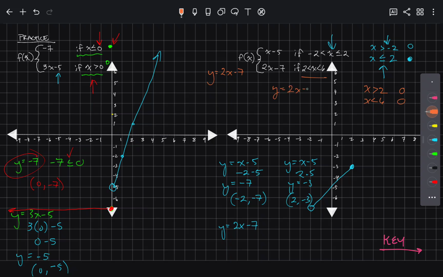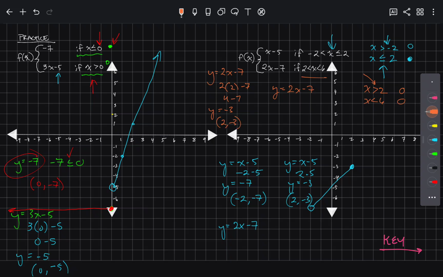y equals 2x minus 7. So we know that for this top one, we're starting with an x value of 2. It's going to be an open circle, but we're starting at 2. And all the values greater than that are going to be valid. So we're going to go 2 times 2 minus 7. That's 4 minus 7. y equals negative 3. That will give you 2, negative 3.